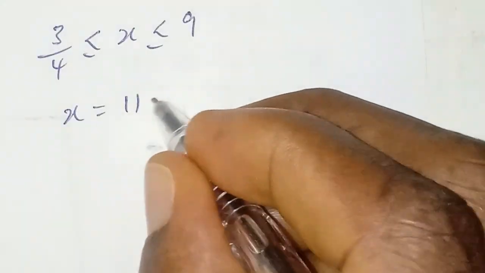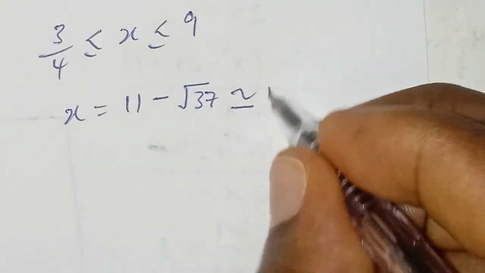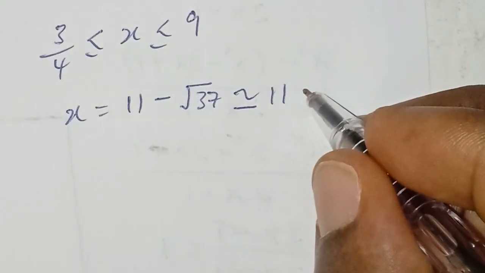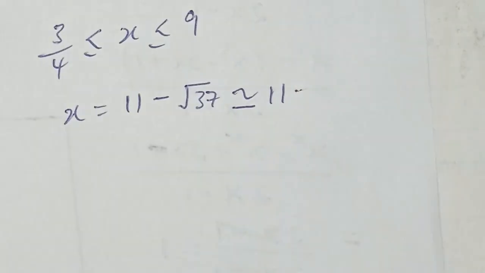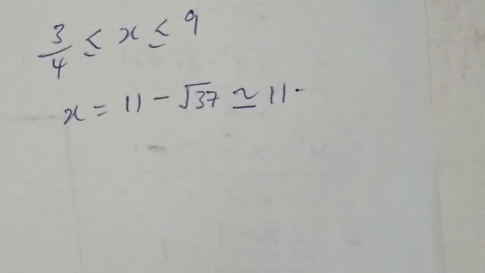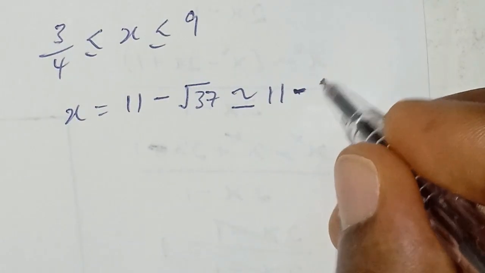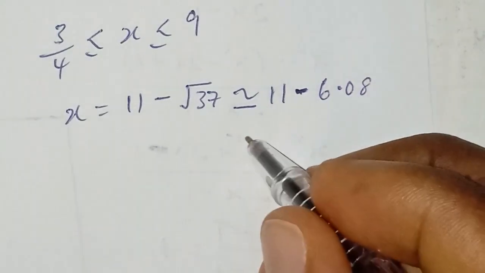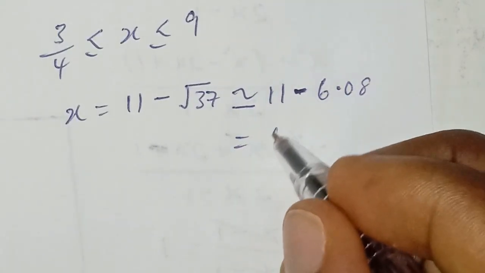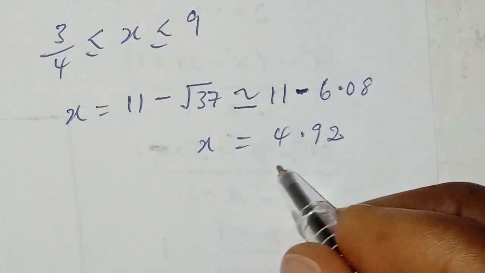So at x equal to 11 minus square root of 37, this is approximately written as 11 minus 6.08, which is equal to 4.92, which is the value of x.